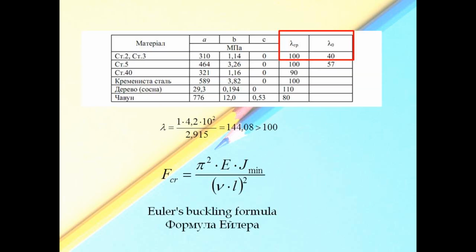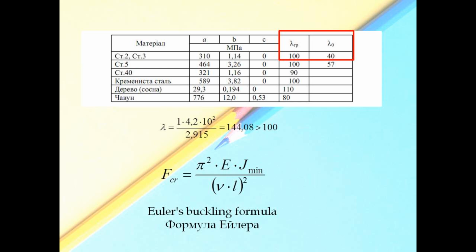The critical slenderness ratio you have to find in a table and compare with our slenderness ratio. In our problem, we have the slenderness ratio, which is larger than the critical slenderness ratio.